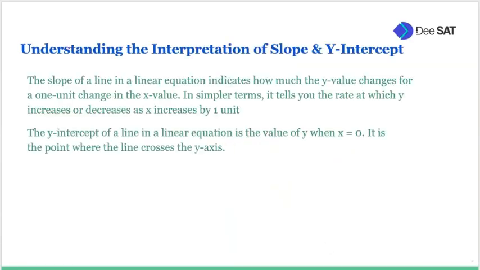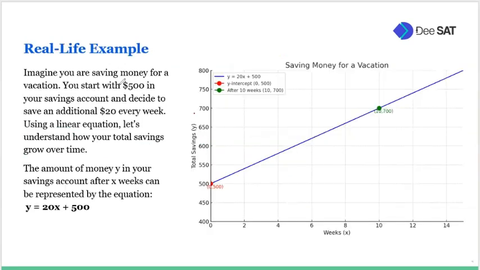Let's move ahead. Now, we need to understand the interpretation of the slope and y-intercept. When I say interpretation of the slope, we need to understand what exactly the slope tells us and what exactly the y-intercept tells us. So let's understand that with a real life example. Imagine you are saving money for a vacation.